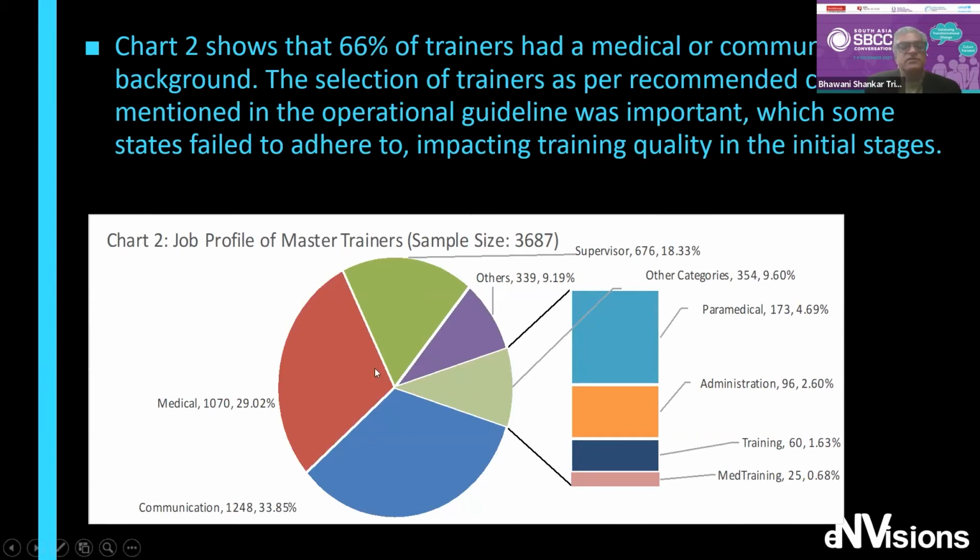There is 33%, close to 30%, who were from the medical background, and another 33% who were from the communications background. So about 2/3 of the trainers were from these recommended categories, whereas the rest of them were either supervisors from the paramedical administration training.